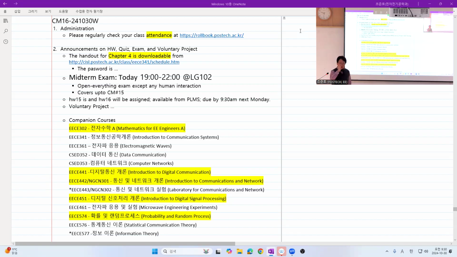Probably you need to handwrite to prove something and show something, and then capture the image and combine all of them together into a single PDF or some file, not multiple, a single file, and you have to upload. Got it? So be careful. It's an open everything exam except any human interaction. So please don't cheat, okay?